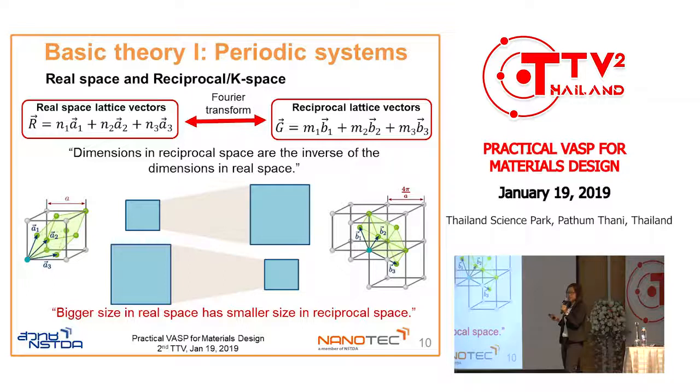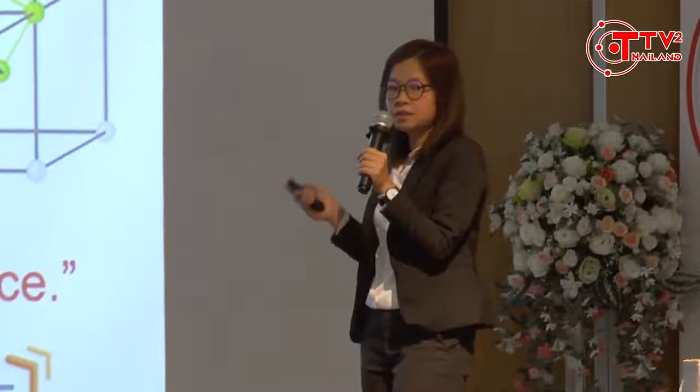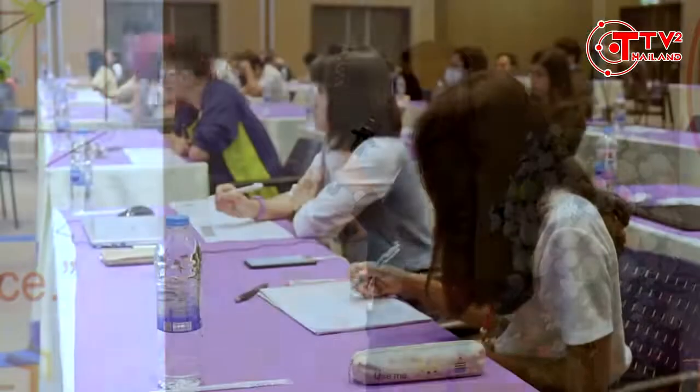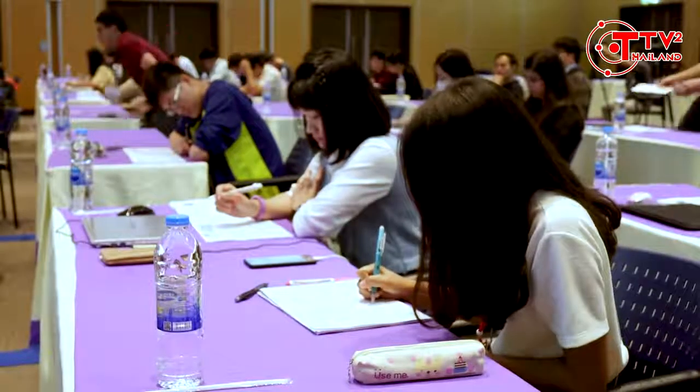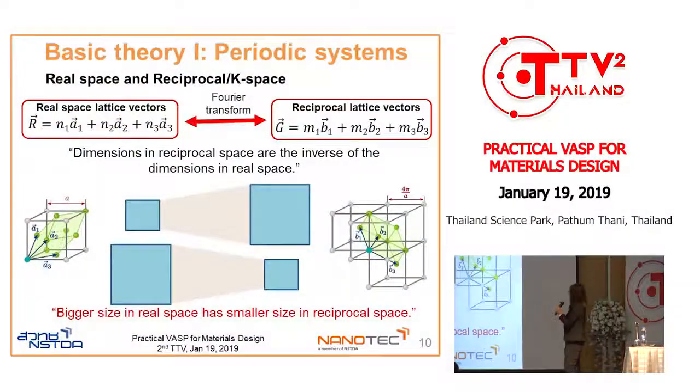One thing that students need to know is that the dimensions in reciprocal space are the inverse of the dimensions in real space. You can go to a solid-state textbook and see how to derive this. Here is an example of an FCC lattice in real space, but in reciprocal space, it will be like this.